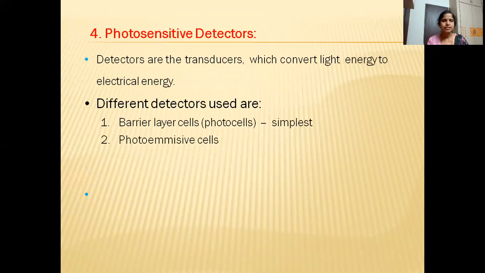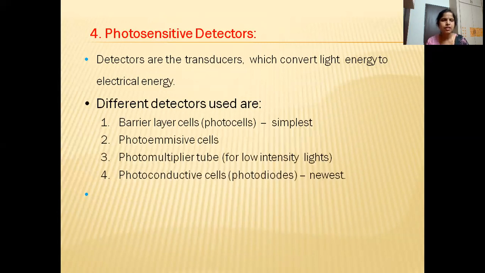The different detectors that are used are barrier layer cells, which are photocells, the simplest cells, or photoemission cells, photomultiplier cells for low intensity light, photoconductive cells, or photodiodes. These are the newest detectors being used now. So these are different types of detectors that we can use in the colorimeter.